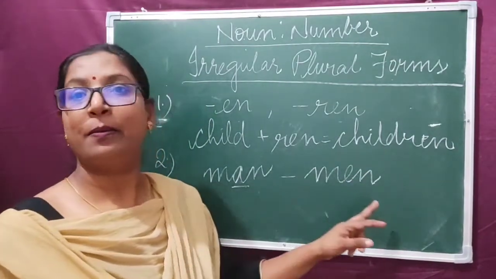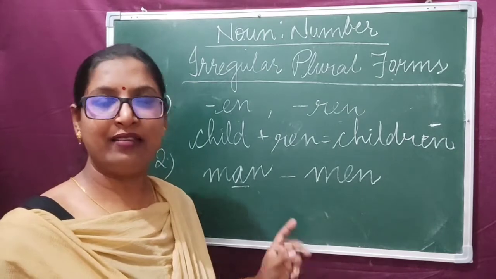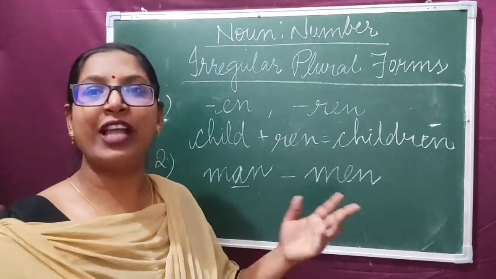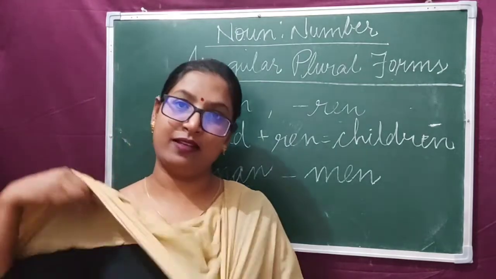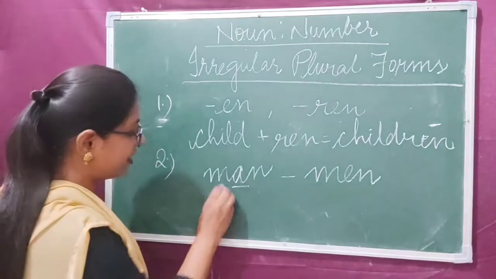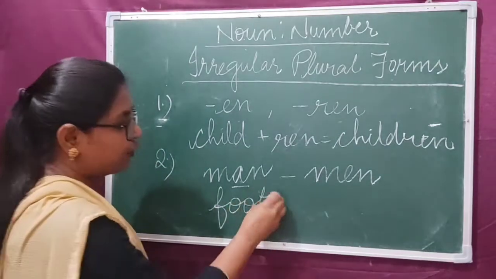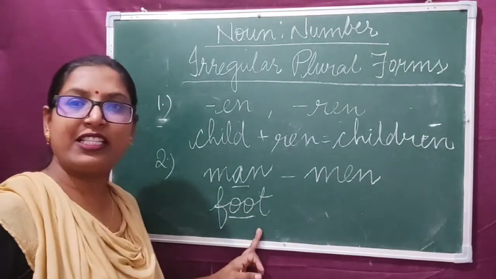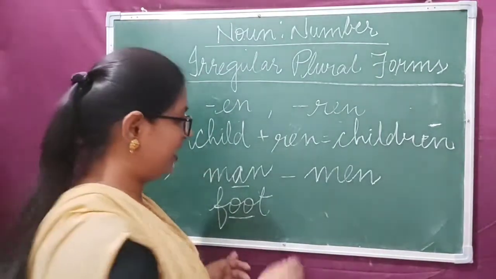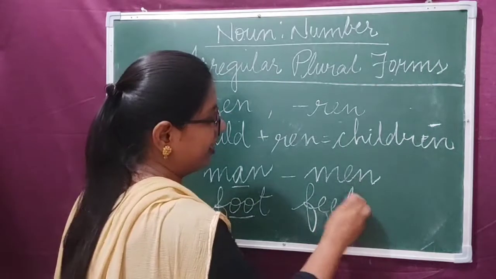Man, men. Man, we are talking about one man. Men means more than one man. Clear? So, dear children, let's see another example. Foot. We can see here the inside vowels are double O. Double O will be changed into double E. Feet.